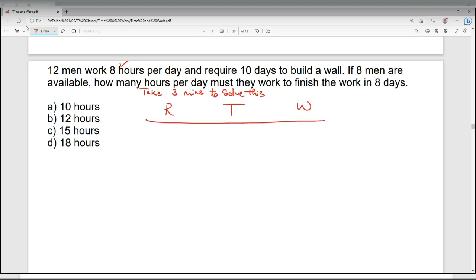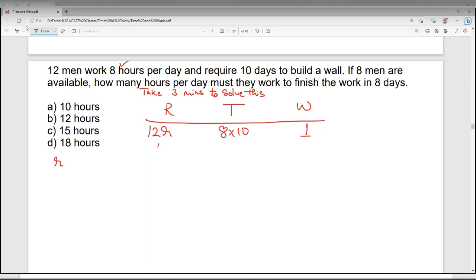What they're saying is 12 men, let the rate of work of each man be R. So 12 men would take 8 hours per day and require 10 days to build a wall. 8 hours into 10, so to build one wall. And if 8 men are available, how many hours per day must they work to finish the work in 8 days?